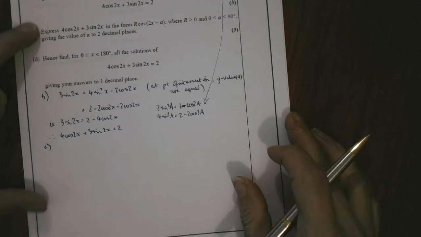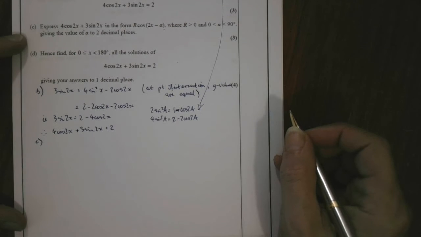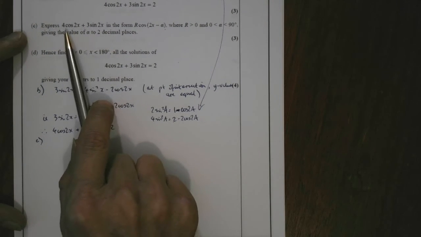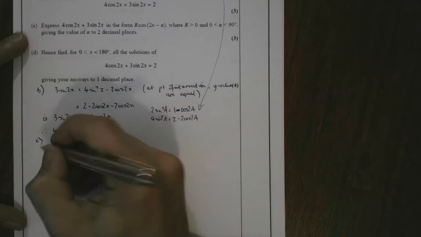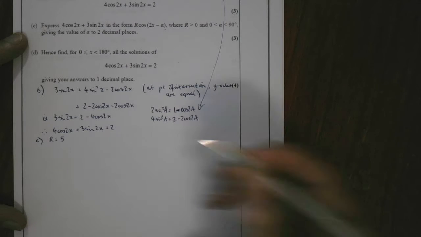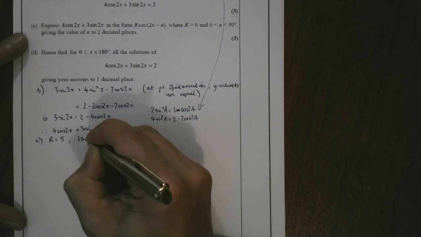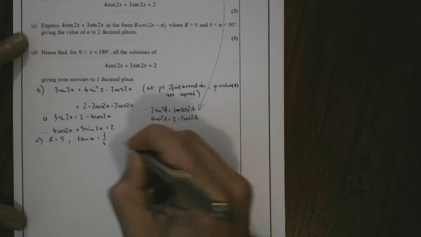C, express that one in the form of R cos 2x minus alpha. So remembering what we said before when reading the question, R cos, we would expect cos to be first, and it is. So R is equal to 5, which is the Pythag of 3 and 4, and tan alpha is equal to b over a, 3/4.